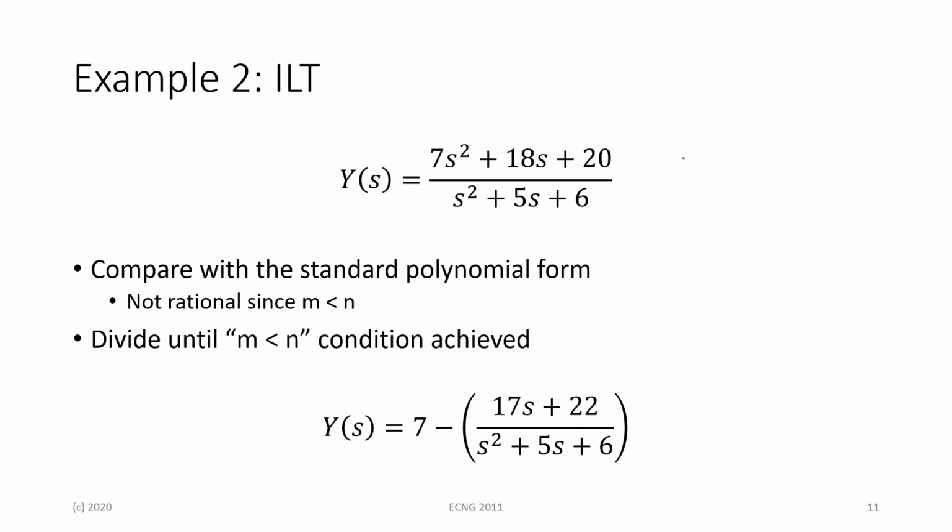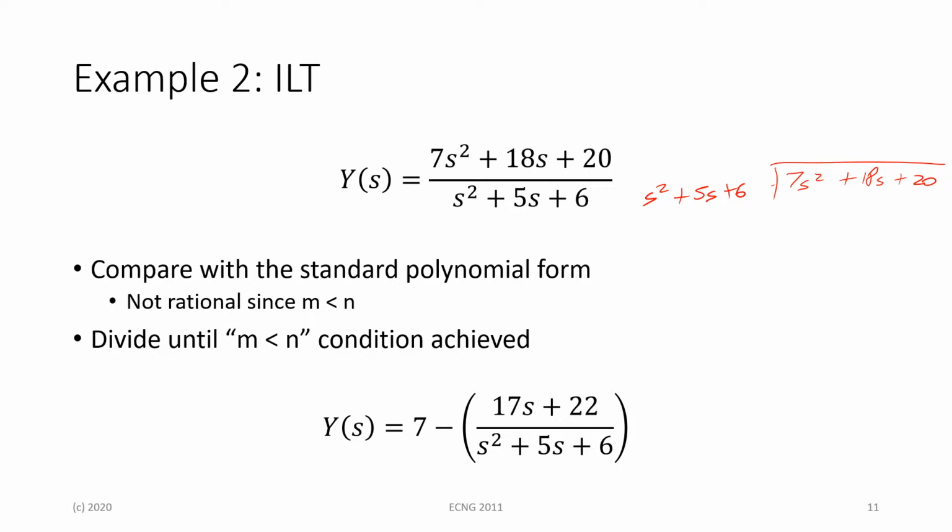So we basically say it's going to be s squared plus 5s plus 6, which is going to be our denominator. And then we say this is going to be 7s squared plus 18s plus 20. Now, once we start this long division, we need to make sure that the numerator and denominator are in descending powers of s.